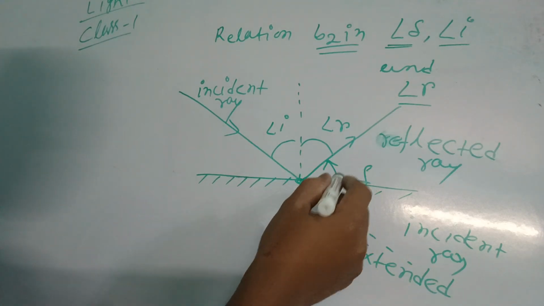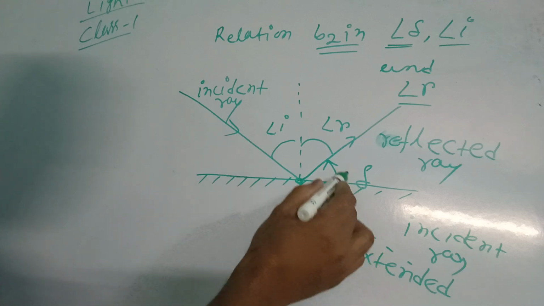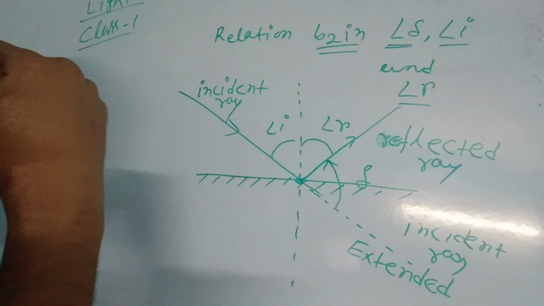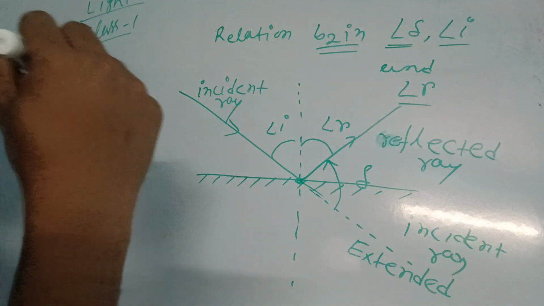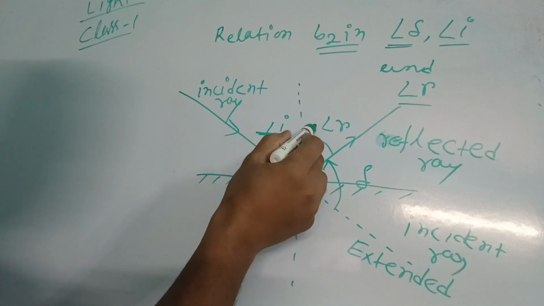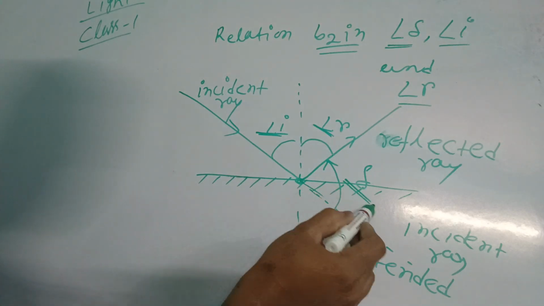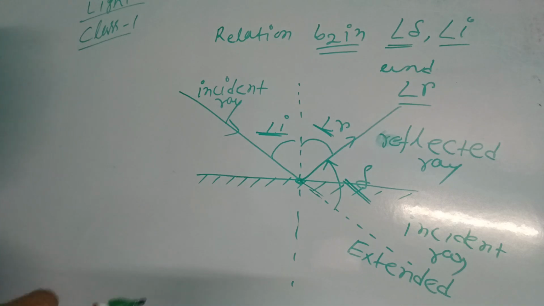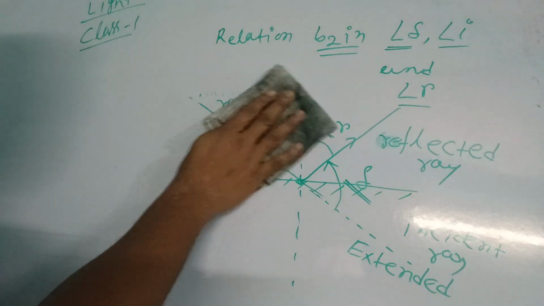So the angle between the extended incident ray and the reflected ray is known as delta. Now we will find the relation between angle I, angle R, and angle delta. So let's start. How to find the relation between angle I, angle R, and delta.